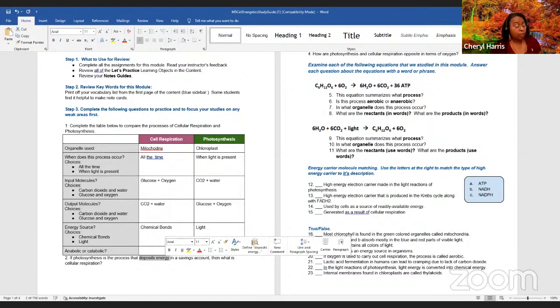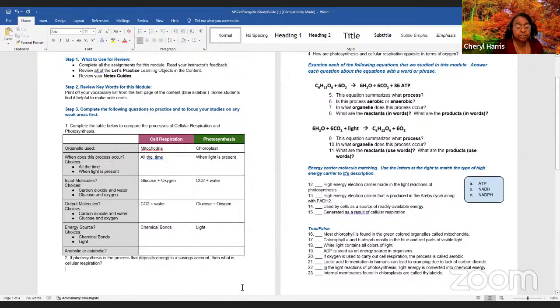Okay, good. All right, so we're looking at which of these activities, cellular respiration or photosynthesis, is actually doing the building up and which one is doing the breaking down. So cellular respiration is catabolic because we are taking, oh, sorry.